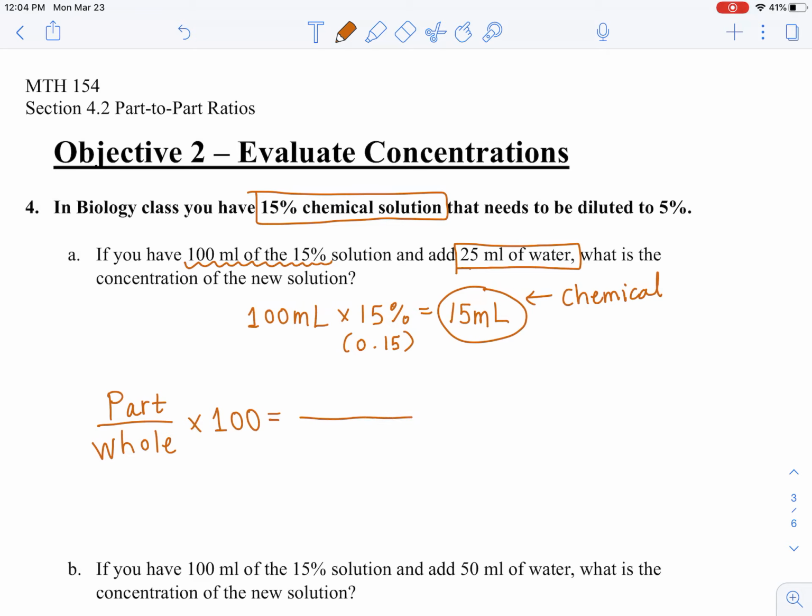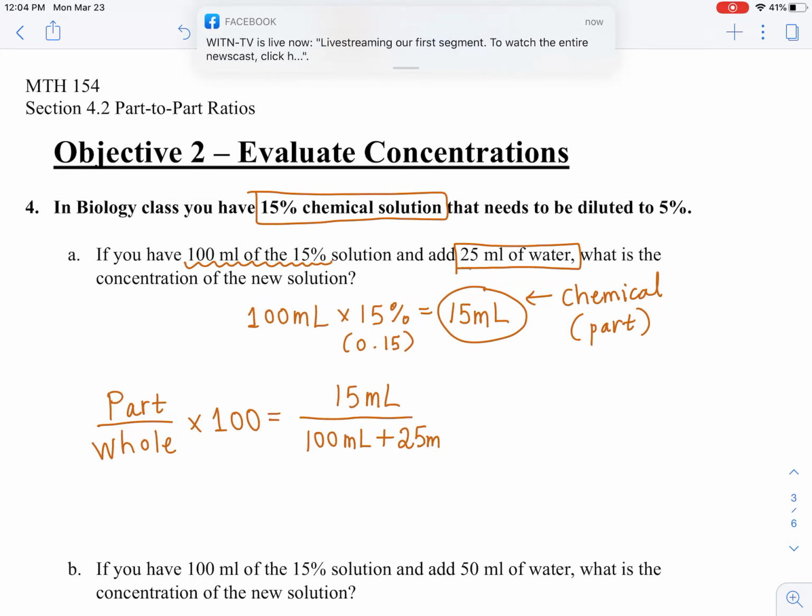Take a look. The chemical is going to be the part. We have 15 milliliters of chemical in there, and we're not adding any more chemical. It used to have only 100 milliliters, right? But we are adding how much more? 25 milliliters more.